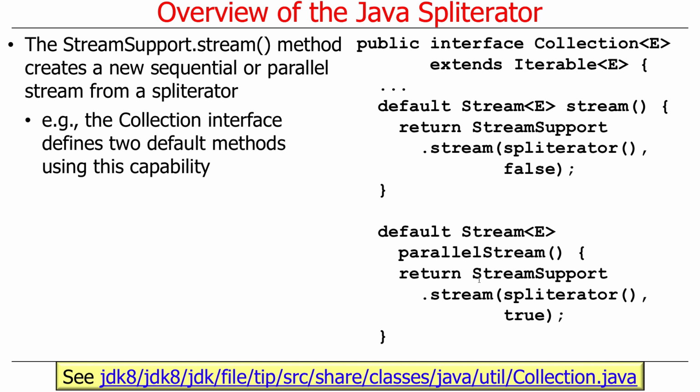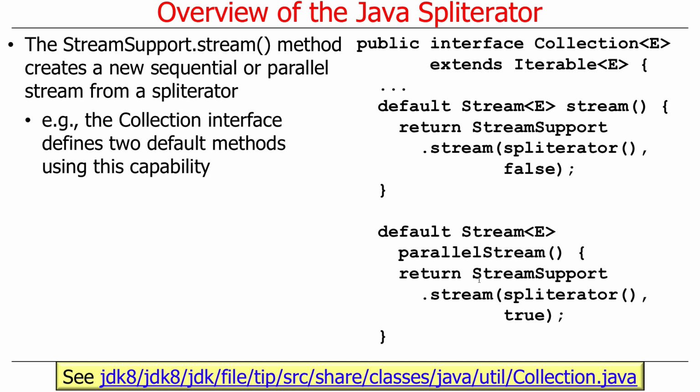Collection is an interface that's very high up in the hierarchy of things in Java. About the only thing that's higher than that is Iterable. So a Collection has a whole bunch of methods that all collections support. And it has two methods, stream and parallelStream. Notice these are default methods, which means that everybody who implements or derives from Collection in one way or another gets these things for free.